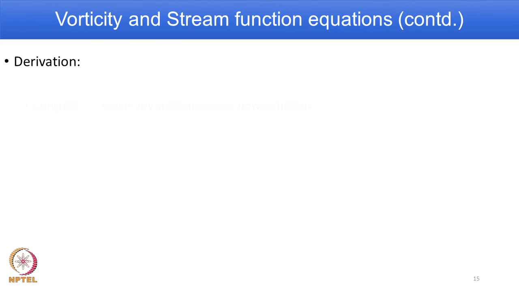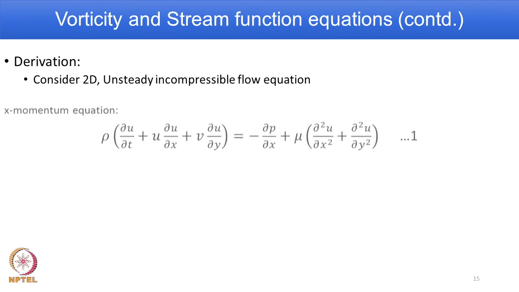We will do a detailed derivation of the vorticity stream function formulation. The starting point is again the momentum equation. Consider a 2D situation, which means you can consider the x and y momentum equations with the unsteady term.